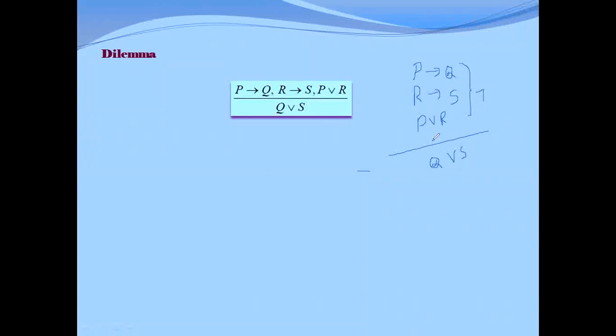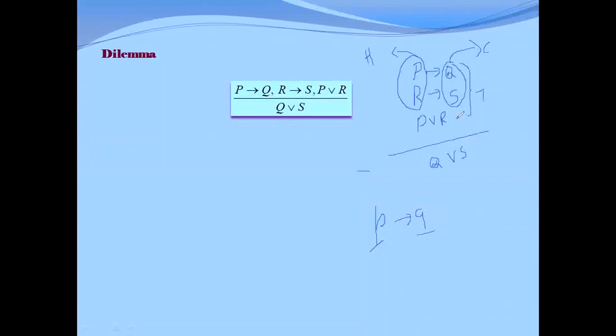To remember this formula, we say if there are two formulas like P implies Q, R implies S, and the disjunction of their hypotheses, P ∨ R, is true, then the disjunction of their conclusions will be true. This is known as hypothesis, as you know, and this is known as conclusion. In any P implies Q, P is the hypothesis and Q is the conclusion.